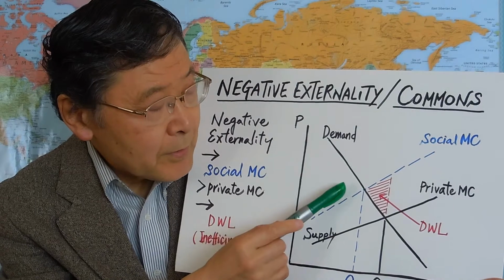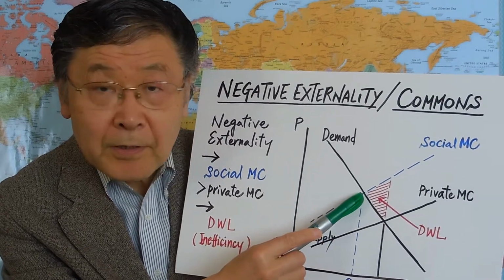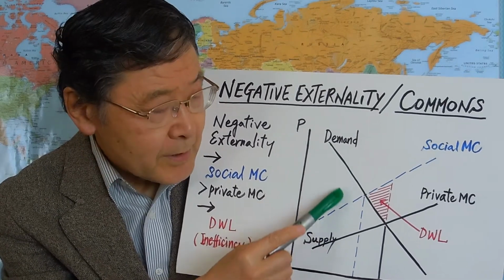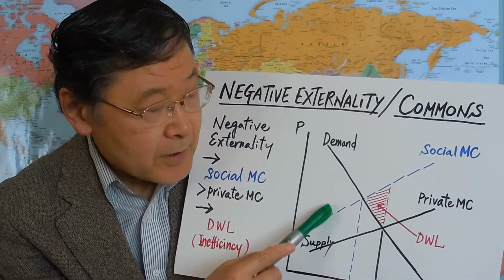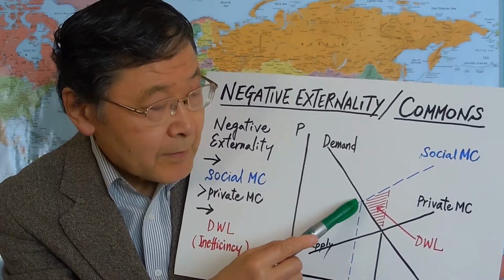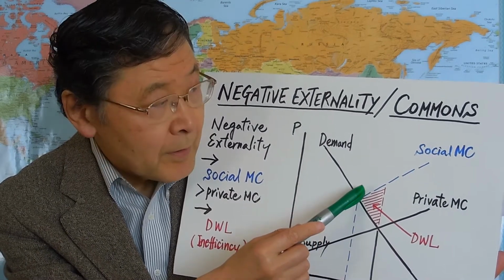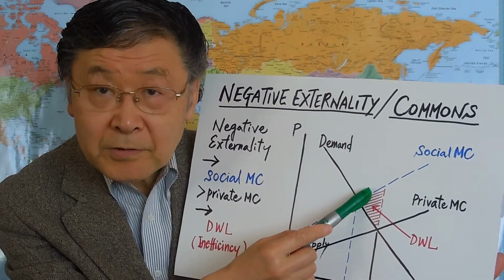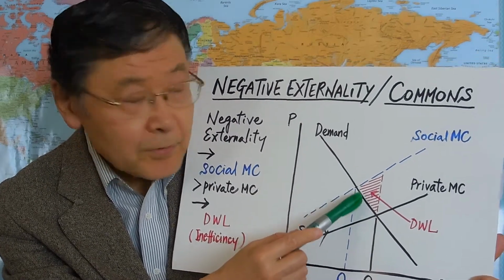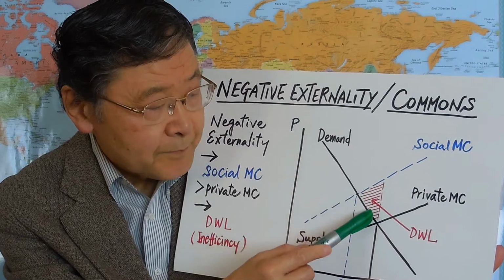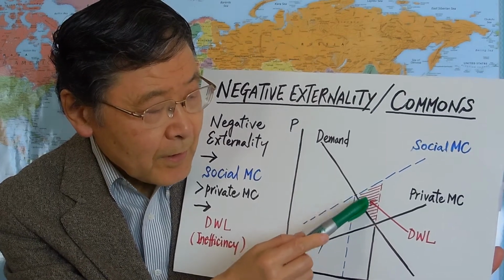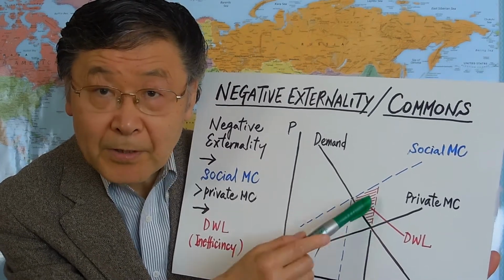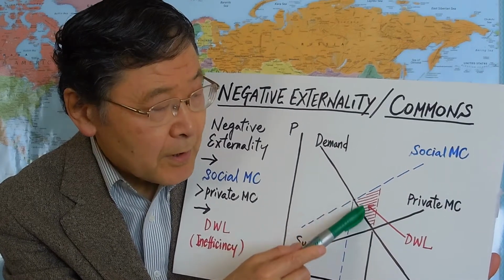Because up until this point, benefit exceeds the social cost. But beyond this point, social cost will exceed the benefit. So this is a social loss. Even though there is a private benefit here, from the social point of view there's a loss.